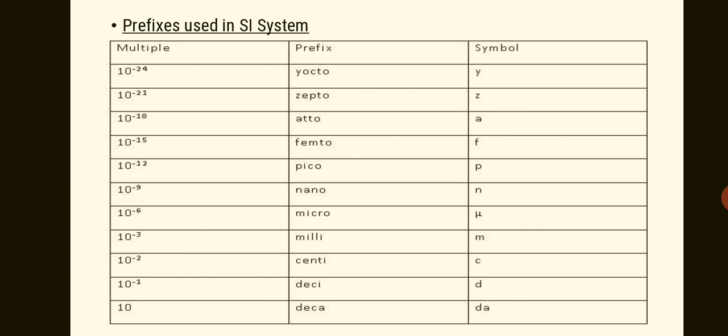10 raised to power minus 3 is milli, very common, millimeter. It is denoted by a small m. 10 raised to power minus 2 is centi, centimeter. Your compass scale is calibrated in centimeter and inches also, and millimeter also.